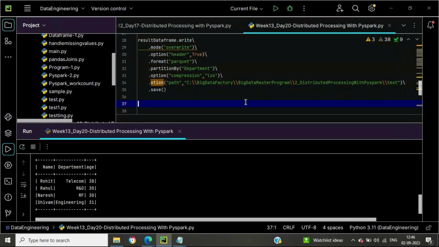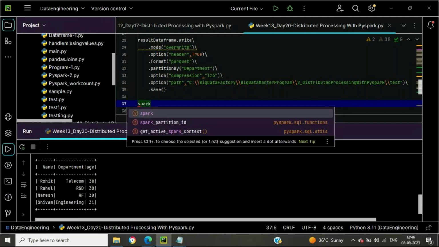So this will be the standard write API, which partitions the outcome into four partitions, partitioned by department. It stores the outcome in Parquet format, and the mode is overwrite. The option path is this one, then save, and spark dot stop.